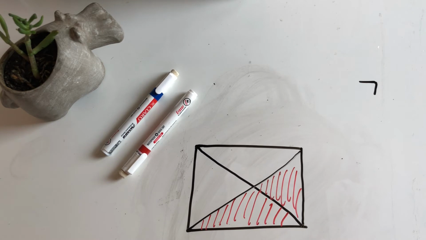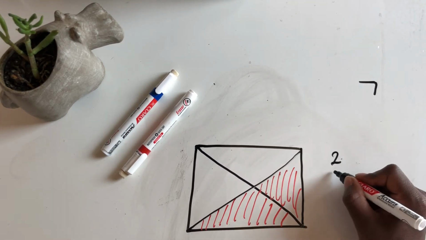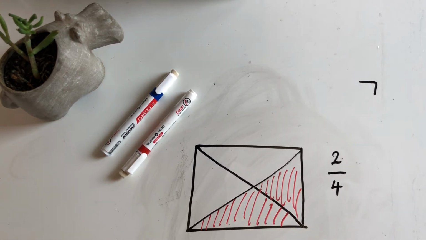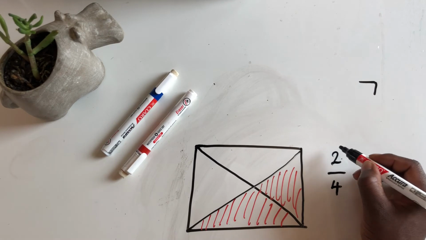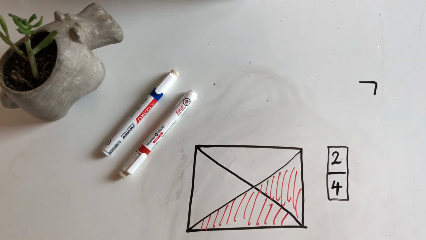Okay. So the fraction here we have is 2 over 4. Now this will be covered later, but there's no harm in going through it. These two numbers can be reduced into what we call the lowest term.